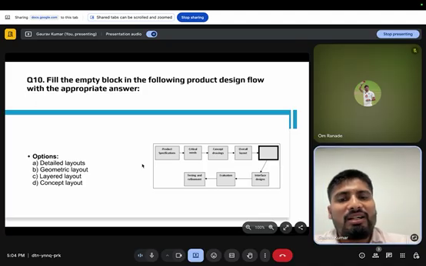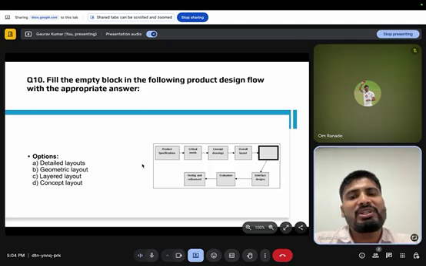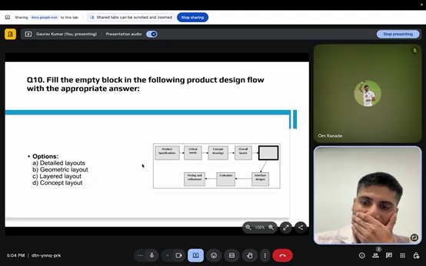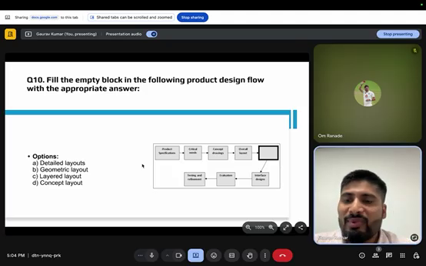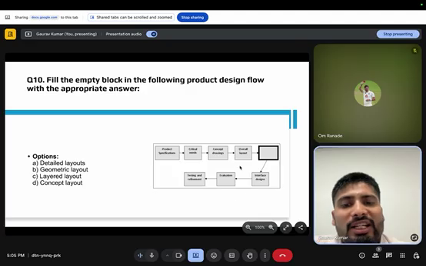Option C, layered layout, is not a recognized term in systematic design methodology, and option D, concept layout, corresponds to the systematic exploration of alternatives before embodiment. So only detailed layout captures the final geometric specifications demanded before detailed design and prototyping.